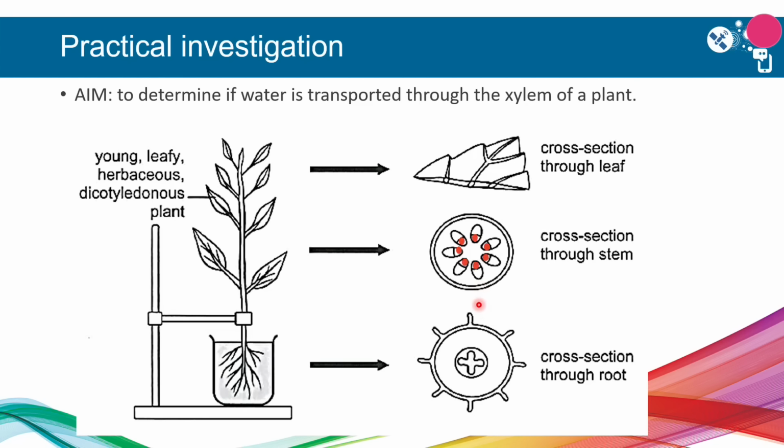So in this stem area, the xylem being in the middle, it will stain the xylem, which transports water, to the same color as the red dye. And the same as in the root. So as Yolandi taught you, the X marks the spot, so that center area would be stained red as it transports the water along with the dye.